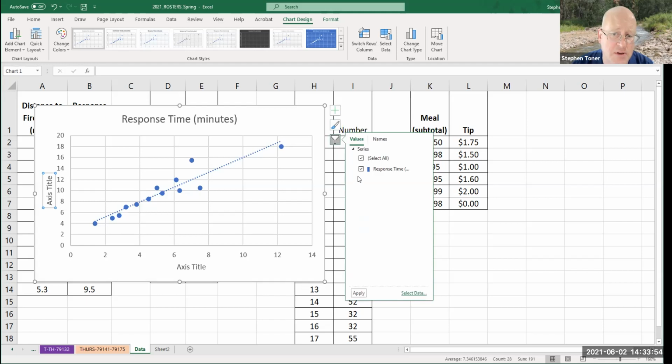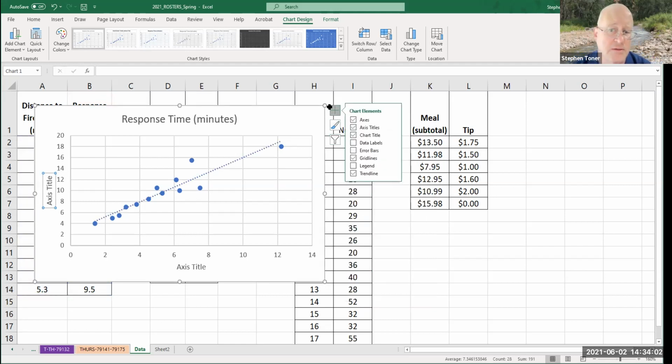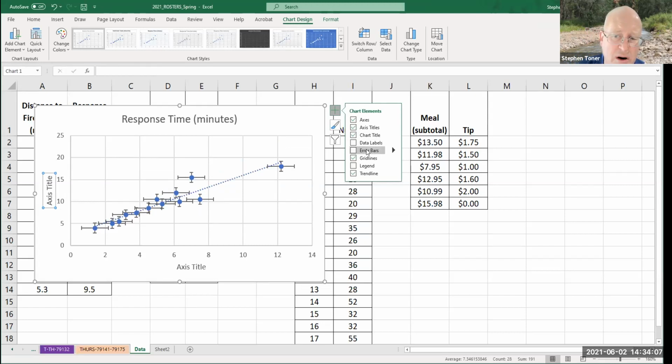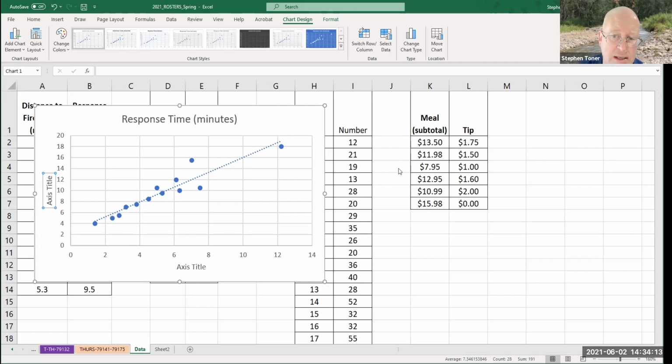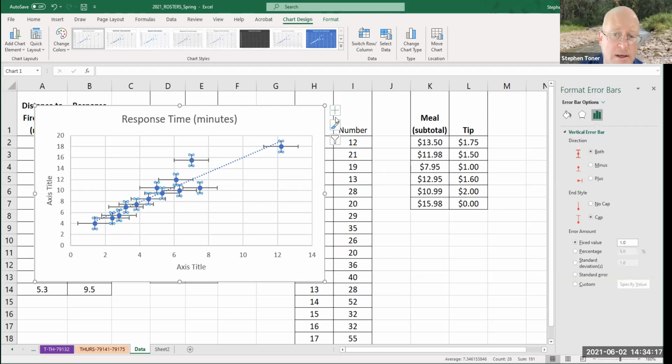I'm going to click on the filter, and I'm looking for something. I don't do this very often, but that's not what I wanted. Okay, let's find it here, folks. There's error bars. I'm not too interested in error bars, but let's go to more options and see what I get. Okay, well, that was not what I wanted to get.